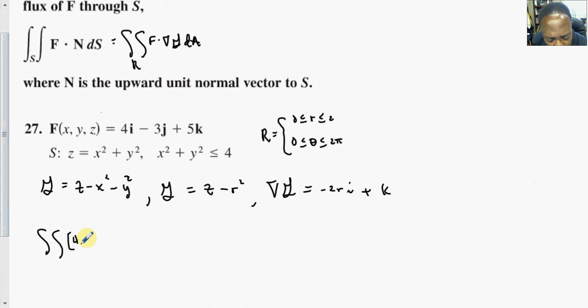So this is 4i minus 3j plus 5k dot product with negative 2r i plus k. I wonder how that would work.